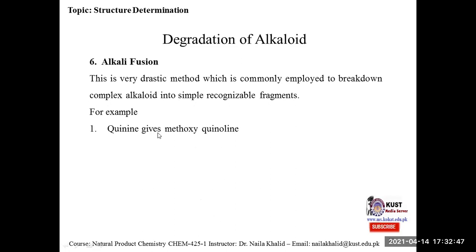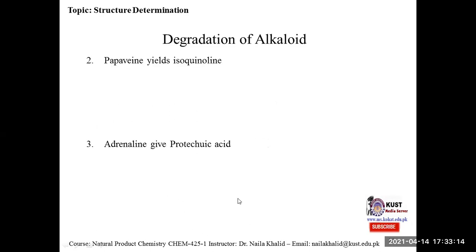The sixth method of degradation is alkali fusion. This is a very drastic method which is commonly employed to break down the complex alkaloid into recognizable products. Any alkali is fused with the alkaloid and it gives you some identifiable products. For example, quinine gives methoxyquinoline. Here is the methoxyquinoline structure.